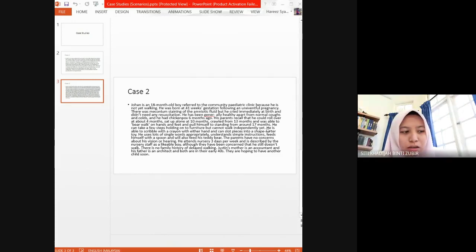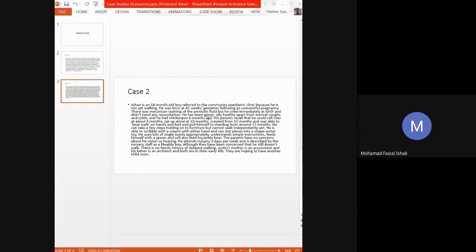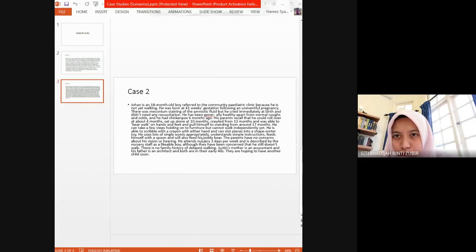Walking is one of the criteria in gross motor. How about the other developmental criteria like fine motor, speech and language? Any problem? If you look at the fine motor, scribble with crayon with either hand, is there a problem?